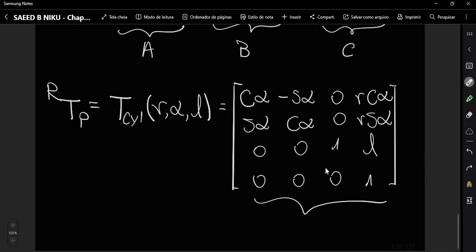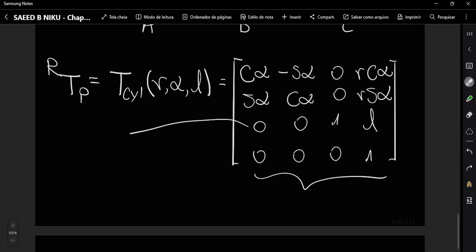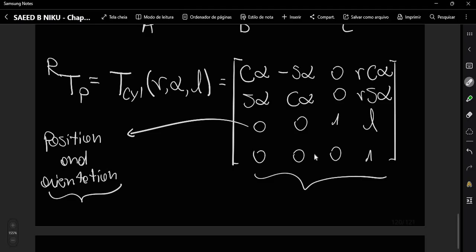And we conclude that with this matrix, we know the position and orientation, and this resumes on the localization.